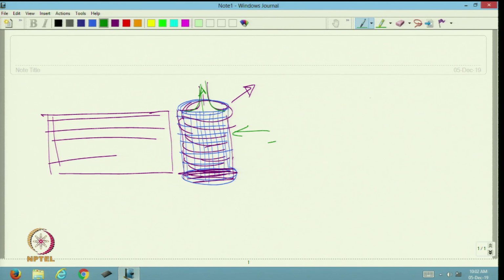Now, air or liquid penetrates from the surface, that is, polluted air is entering from the surface, and after filtration the clean air is coming out. After a certain time we can clean the outer surface to reuse this filter once again.